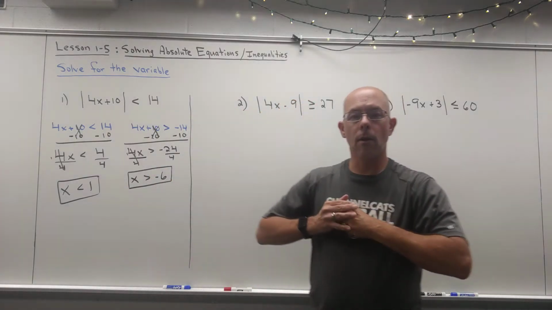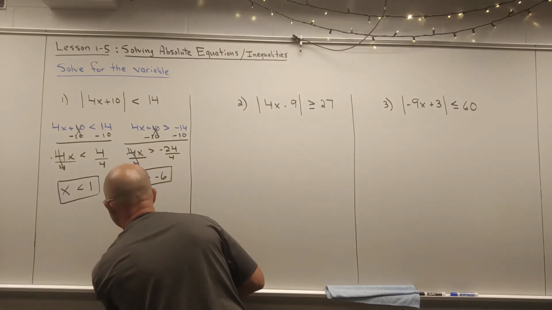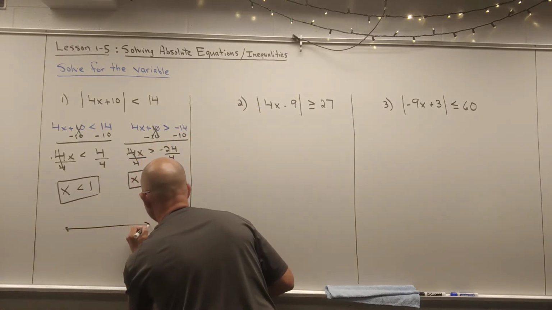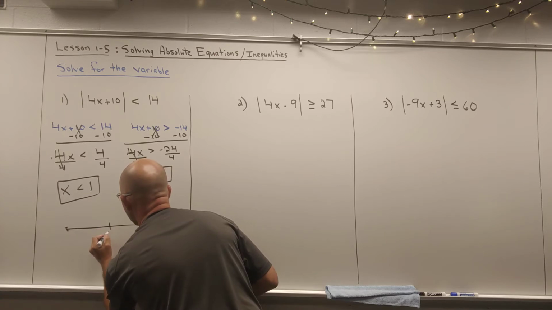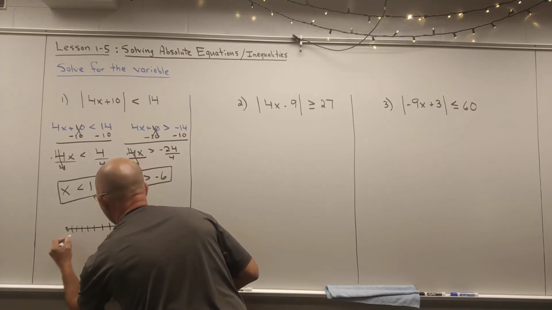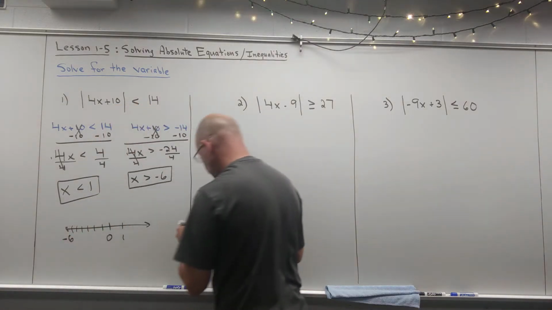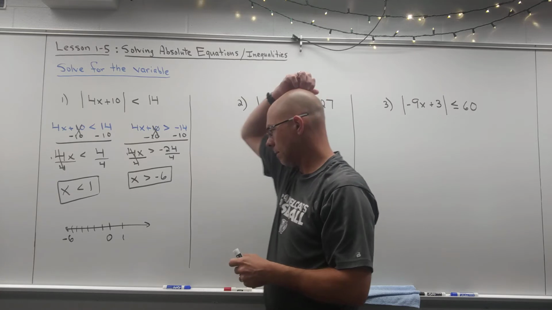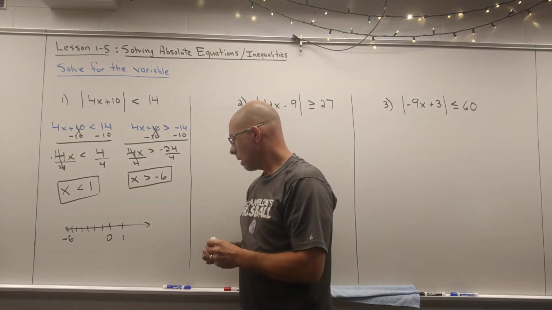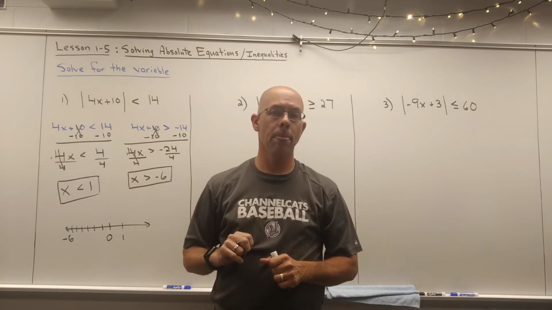Now, we are going to graph these together on one number line. Okay, so there's a location for negative 6 and 1. Now listen, you're going to have one of 2 scenarios.